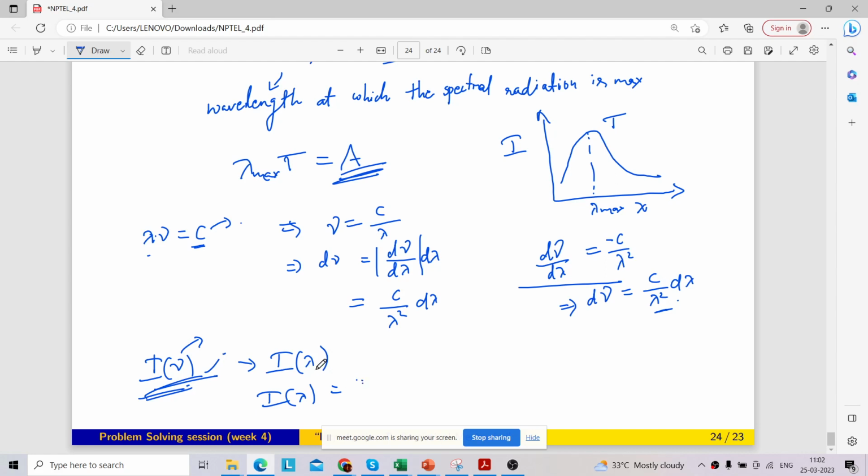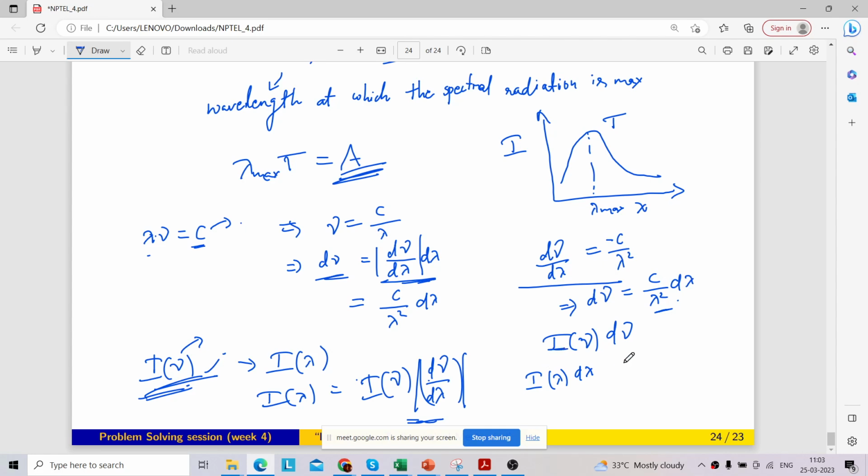As we did for this case, we can do it for this one also. We know the form of I nu d nu, right? I want to find I lambda d lambda.